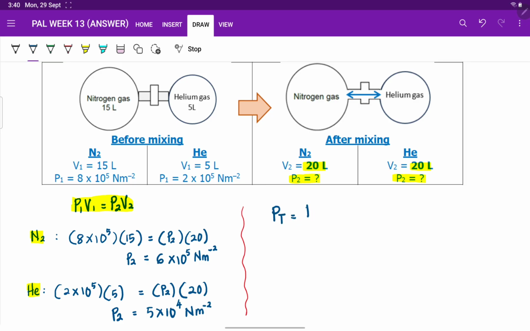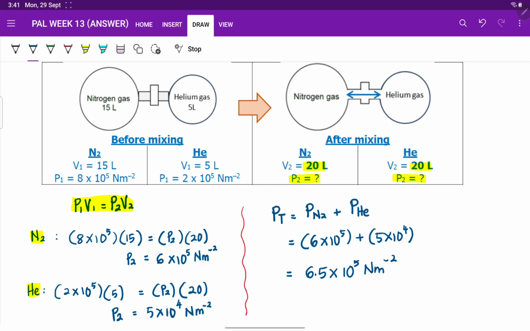PT equals partial pressure of nitrogen gas plus partial pressure of helium gas. Make sure the way of writing partial pressure is correct here: capital P, T, with nitrogen and helium as small subscripts below. Then we substitute the values we have. Again, as you can see, I did not change the unit, so the unit remains the same. We add them and we get the answer, 6.5 times 10 to the power of 5 Newton per meter squared.